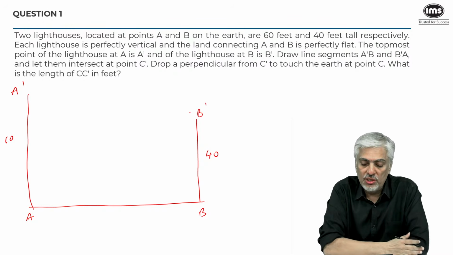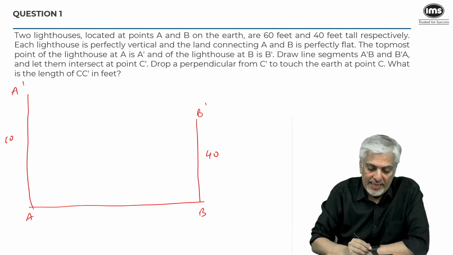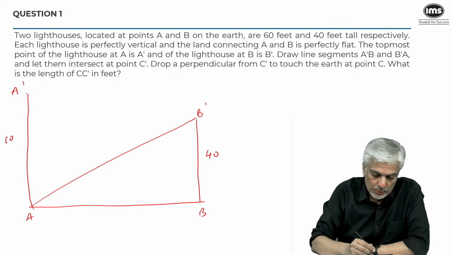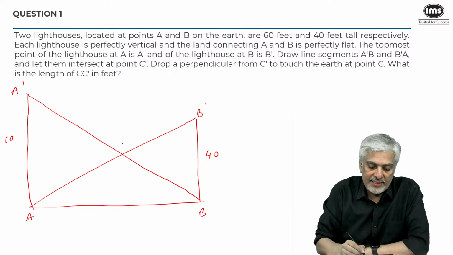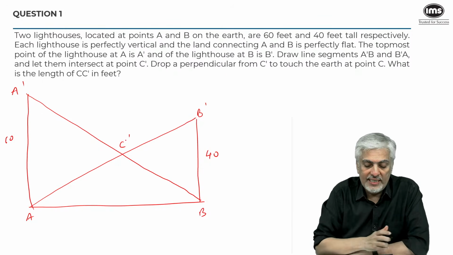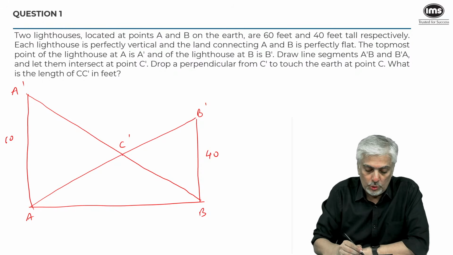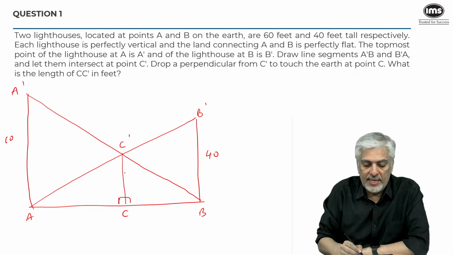Draw line segments A dash B and A B dash, so join over here as well as over here, and let them intersect at C dash. From C dash, drop a perpendicular to point C. Question is, what is the length of C C dash?